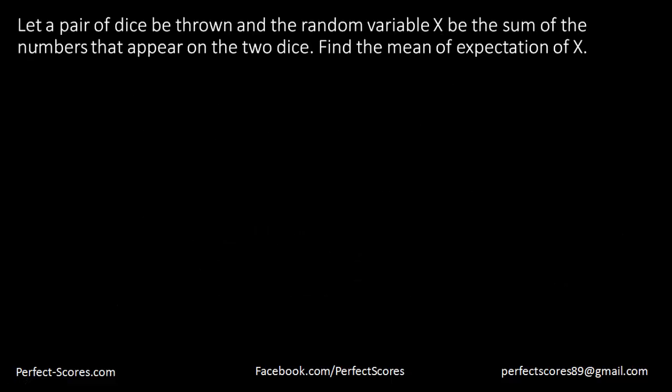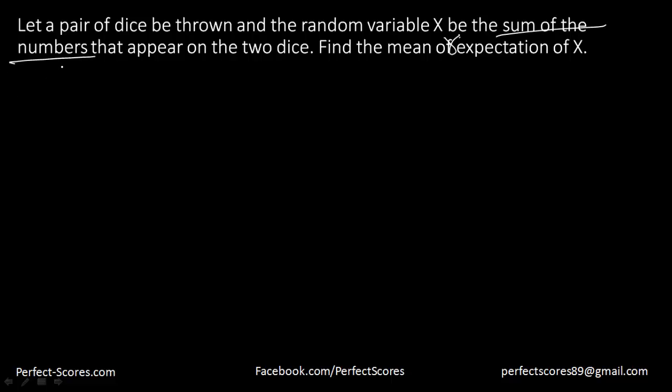The question says: let a pair of dice be thrown and the random variable x be the sum of numbers that appears on the two dice. What is the mean or expectation of x? Now we have to find the sum of the numbers on the dice.